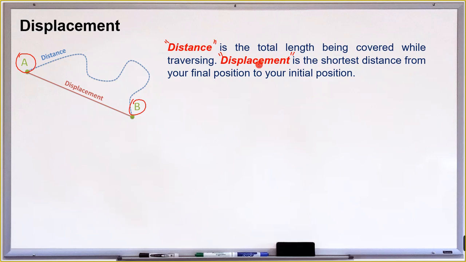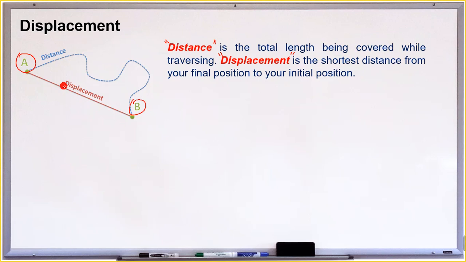Meaning displacement has a value and a direction. Displacement is the shortest distance from your final position to your initial position. Take a look at the huge difference: distance here is greater than displacement.